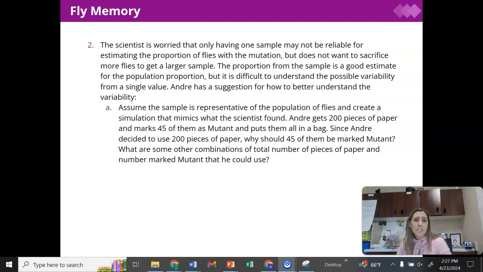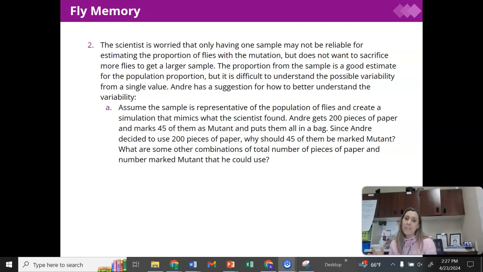So Andre is suggesting you use 200 pieces of paper and mark 45 of them as mutant and then put them all in a bag. And since Andre has decided to use 200 pieces of paper, why would 45 of them want to be marked mutant? What do you guys think? And so hopefully what you guys think is that 45 out of the 200 would be the same proportion as 9 out of 40.